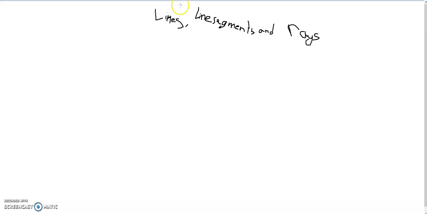So, lines, line segments, and rays. It doesn't say it up here, but we're also going to be talking about points.